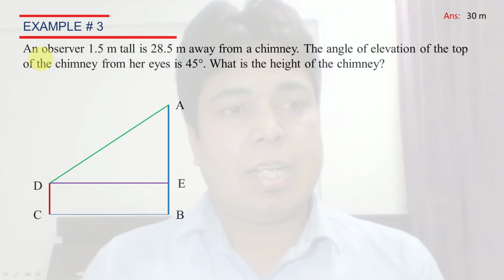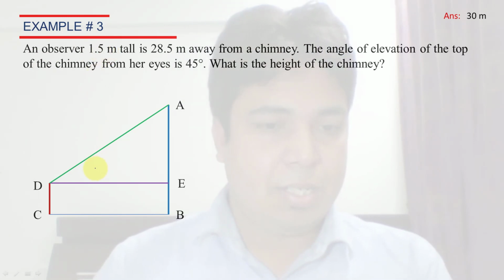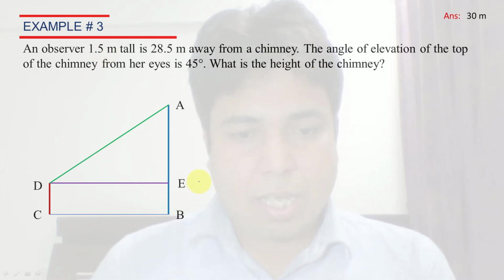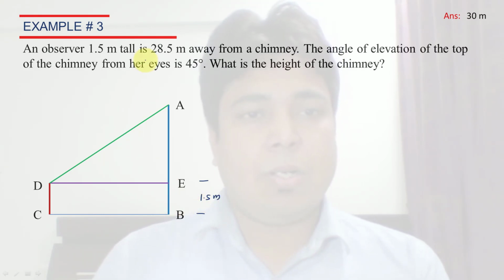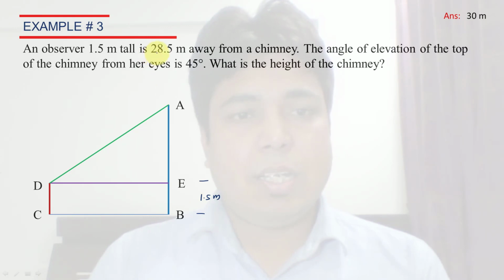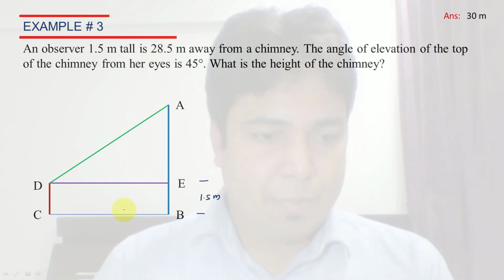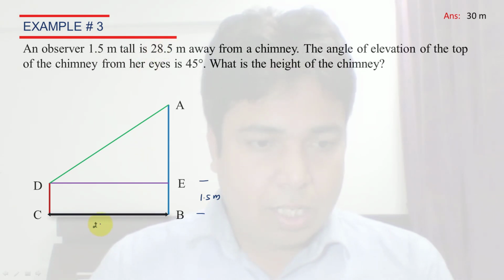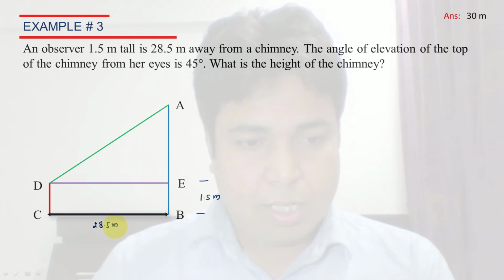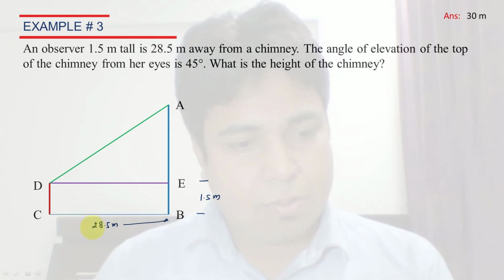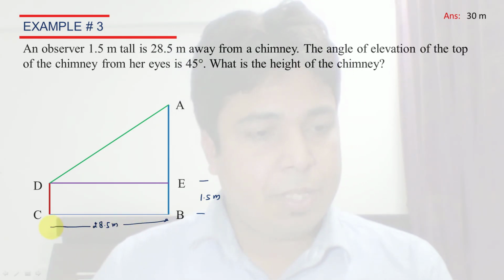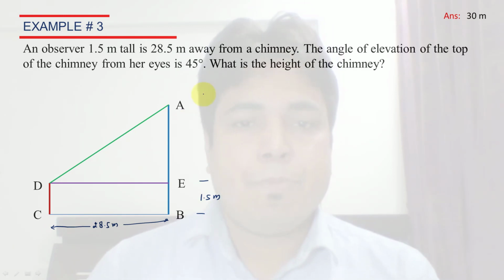As per the question, an observer 1.5 meter tall, it means that this height is 1.5 meter. He is 28.5 meter away from a chimney. 28.5 meter is the distance of the observer from the base of the chimney.